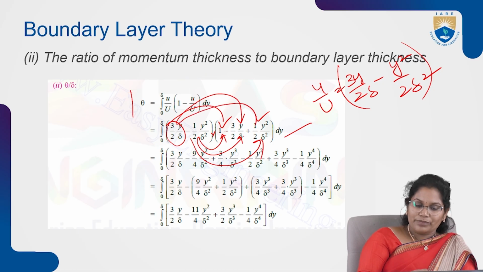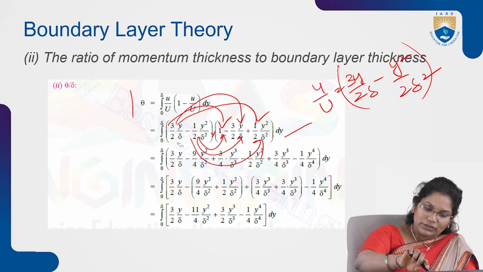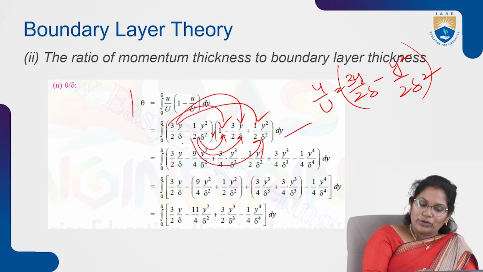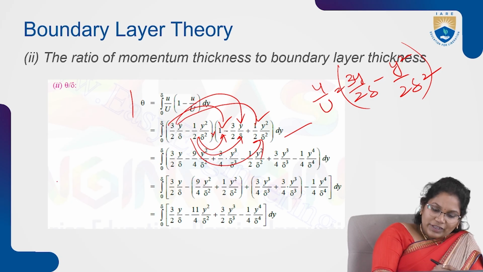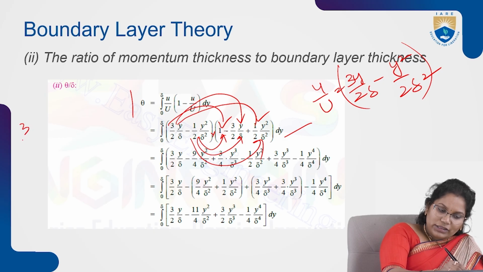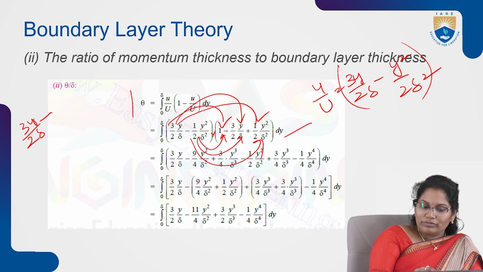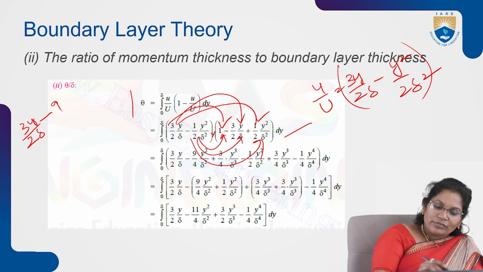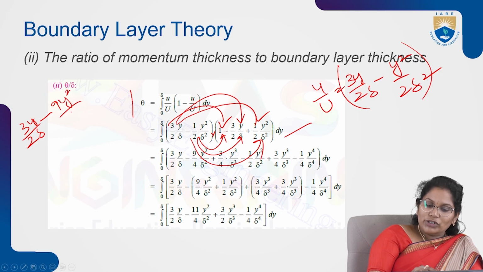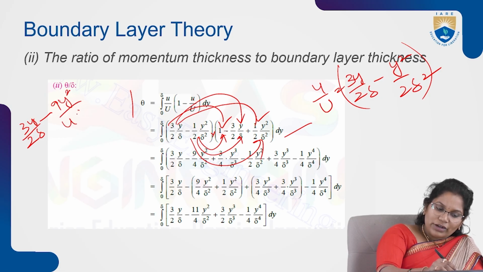So first I am solving this. 3 by 2 into y by delta into 1 is 3 by 2 y by delta, minus, again multiplying this with this: 3 threes are 9, y into y is y square by 2 twos are 4 into delta square.